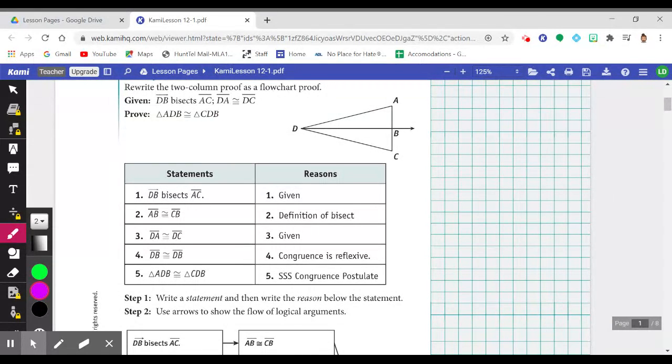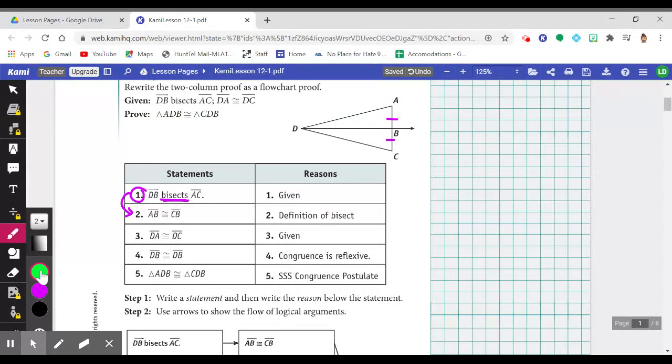I've told you time and time again with these proofs, when you introduce a word, especially one of our vocabulary words like bisect, the next statement, statement 2, should tell me what that word means, its definition. So how do I know that AB is congruent to CB? Well, ray DB bisected line segment AC and created two congruent sides.